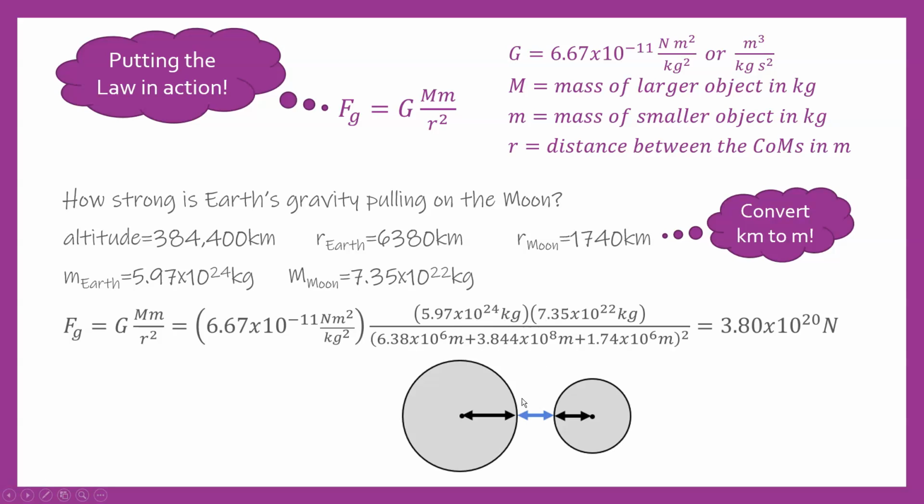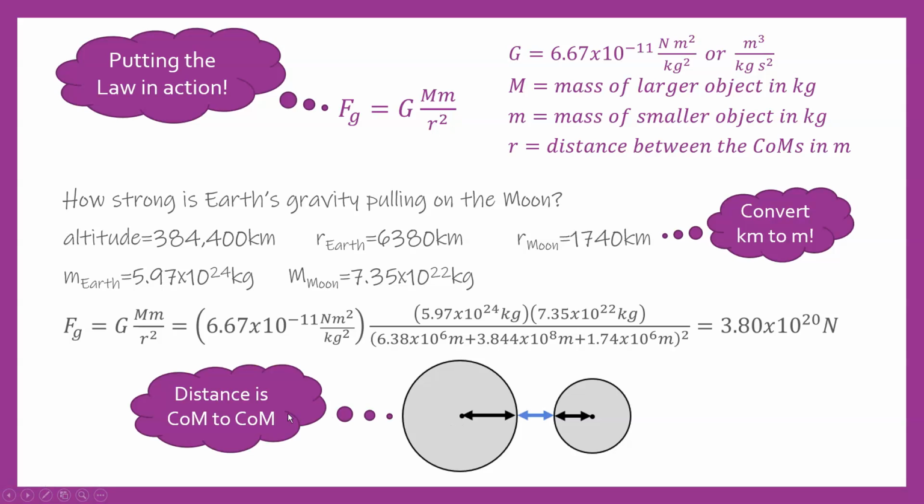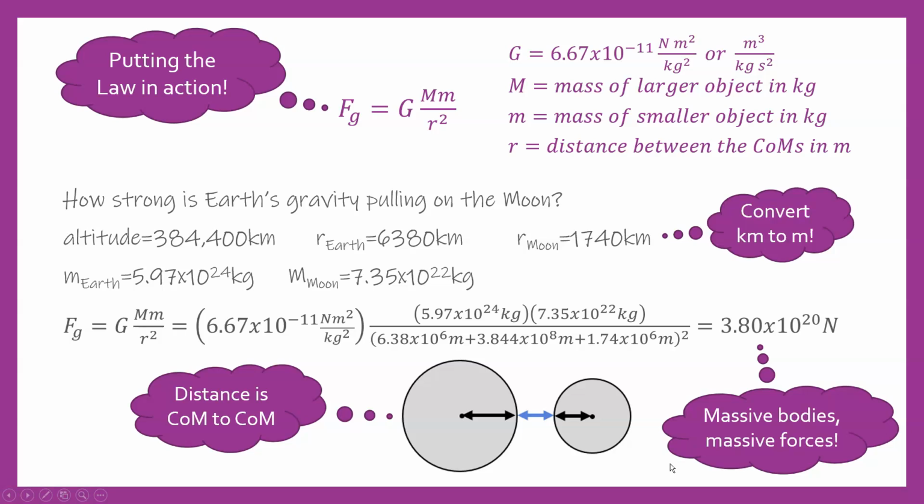Now, in the denominator, we need to remember that this r squared is the distance from center of mass of the Earth to center of mass of the moon. So we need to add all three of these quantities together, the altitude being the distance surface to surface. And we wind up getting 3.8 times 10 to the 20 newtons. So when we have massive bodies, we have massive forces.